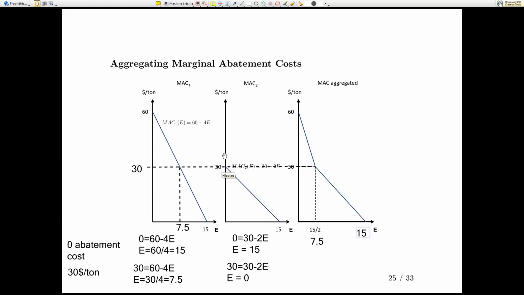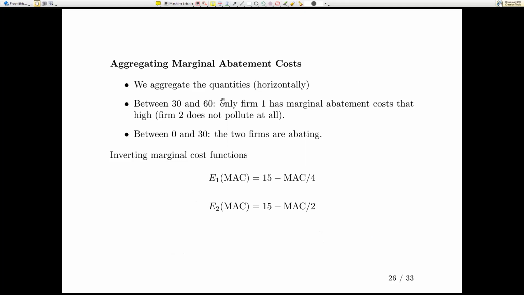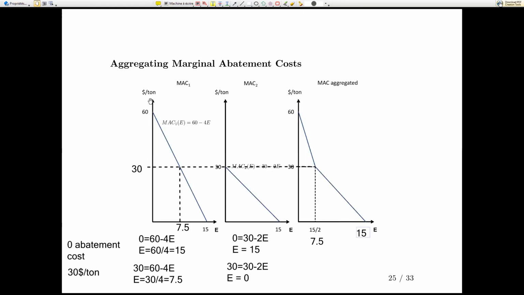So now let's see how we do that for this example. We start by aggregating quantities horizontally. Between a cost of 30 and 60, only firm 1 is going to be abating because firm 2 is already at 0.